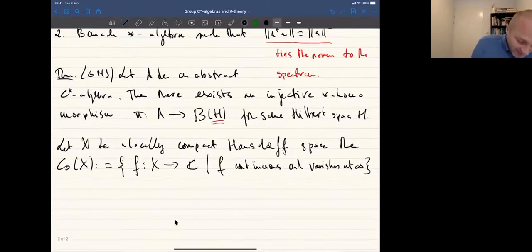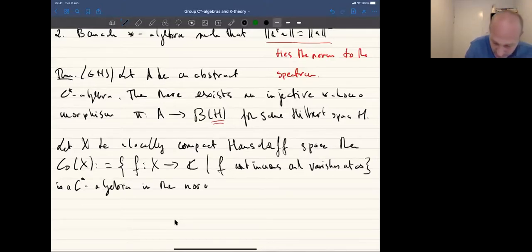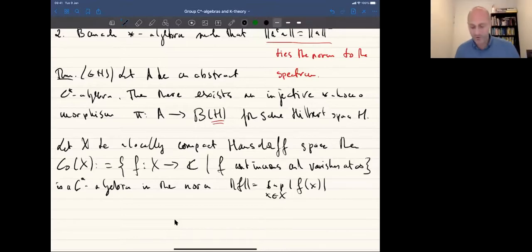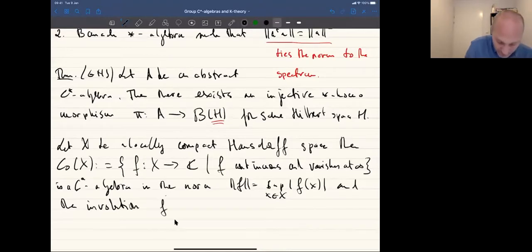So this C0 of X is an abstract C-star algebra, in the norm called the sup norm in functional analysis, and the involution f star of x is by definition the complex conjugate of the value.